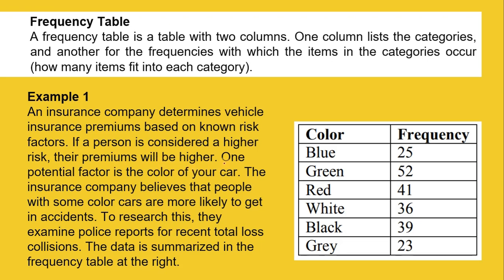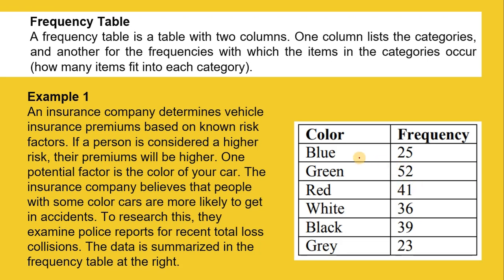And one of those factors that they would consider is the color of your car. According to them, people with some color cars are more likely to get in accidents. So to research this, they examine police reports for recent total loss collisions, and this data is summarized here at the right.